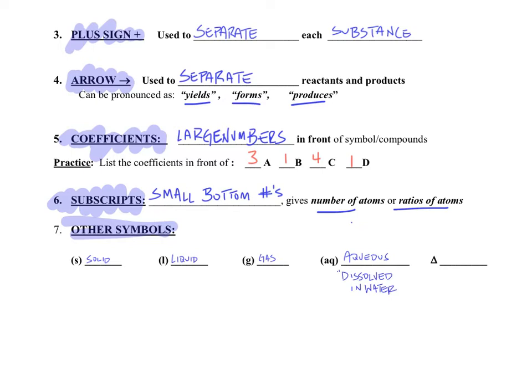And the last one here is the delta or the triangle. Anytime you see this delta, that tells you that heat is being added to a system.